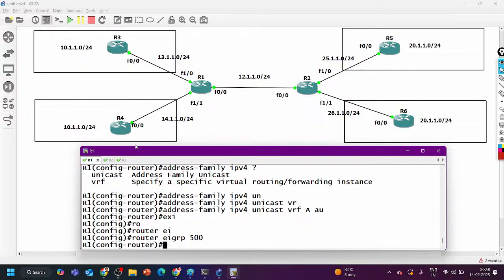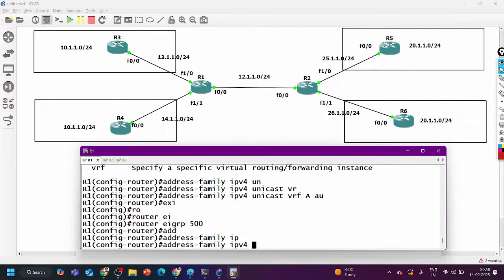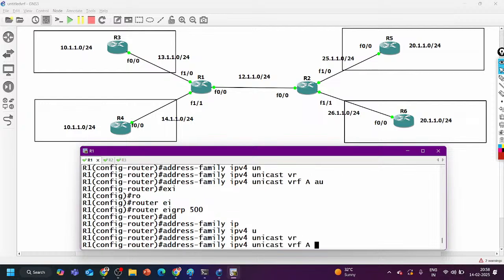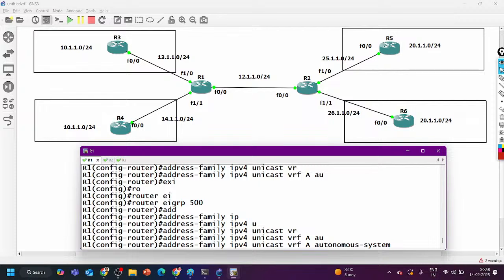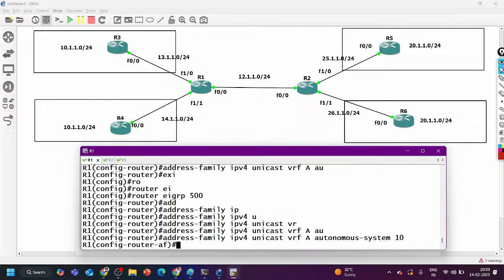I want to form EIGRP neighborship between router 1 and router 3 in VRFA. So address family IPv4 unicast VRFA and then the autonomous system number, which should be the same. I configured 10 on router 3, so this should be 10. Now will I have EIGRP neighborship between router 1 and router 3?